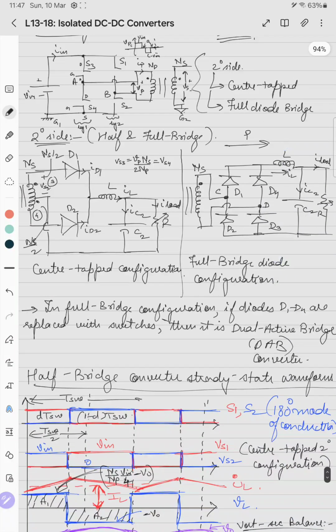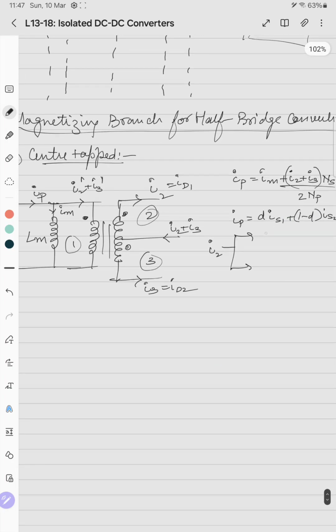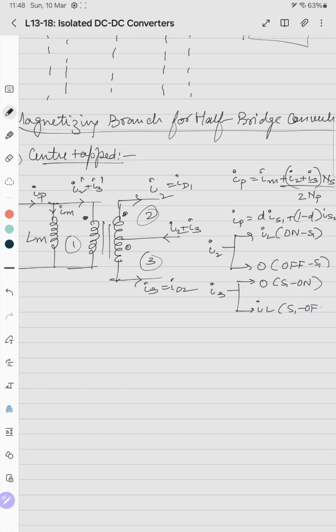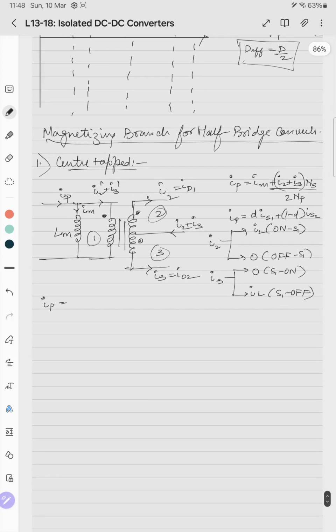So when switch S1 is on, ID1 is IL. I2 is ID1. ID1 is IL when the switch is on, that is S1 is on, and it is 0 when off. What is off? S1 is off. Similarly, I3 is the reverse thing, when S1 is on, and here it is when S1 is off. So simply we can write IP as Im.